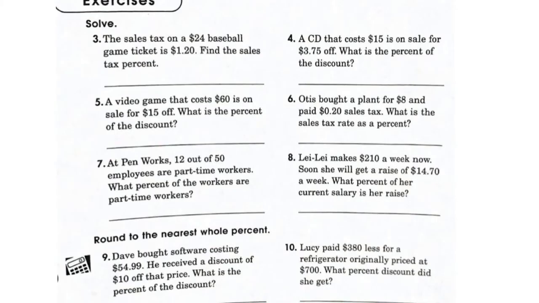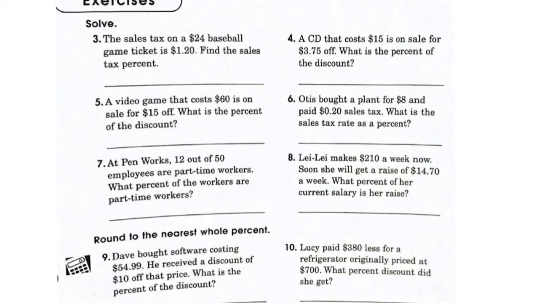All right, we have our exercises here. Now, if you remember back in the directions, it said you're always taking the smaller number and dividing by the larger number. And that is true in every single problem on this page. So if you look at problem number 3, the sales tax on a $24 baseball game ticket is $1.20. Find the sales tax percent.